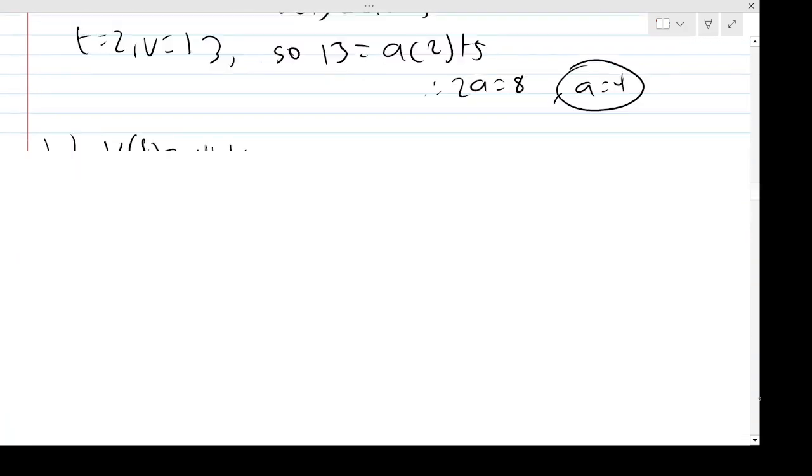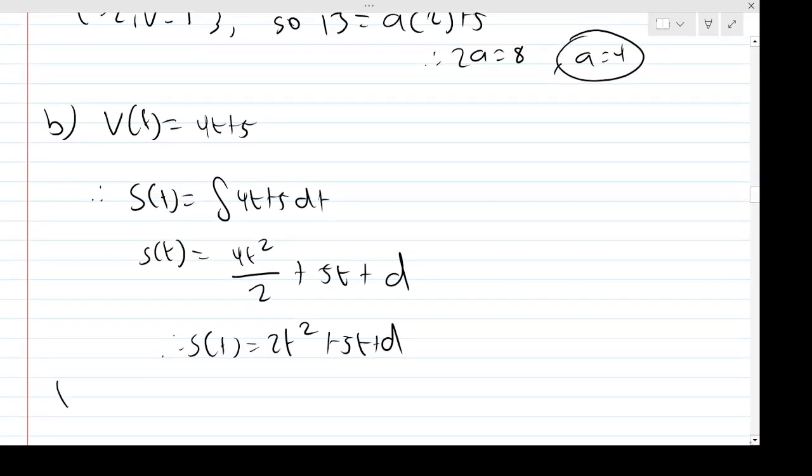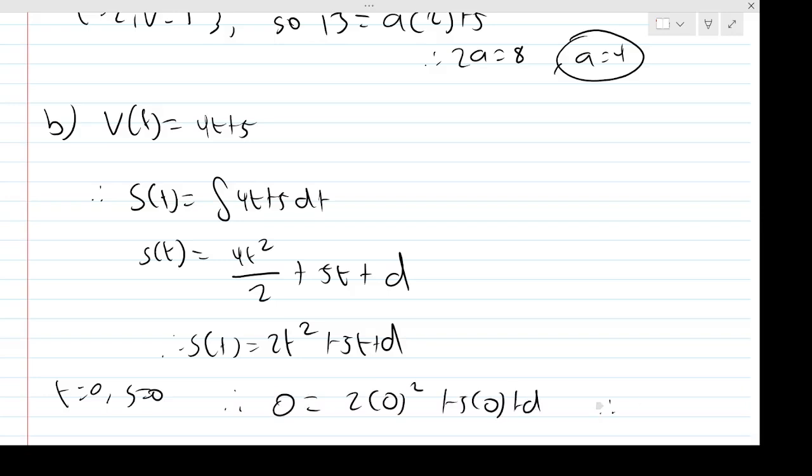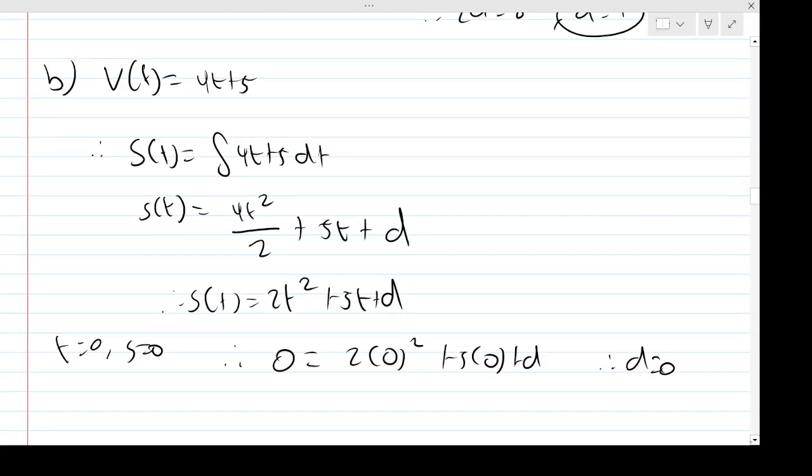So if I sub that information in, so if I sub in t is 0, s is 0 then, because initially you've not moved anywhere, right? So that means that 0 is going to equal 2 lots of 0 squared, add 5 lots of 0, add d, therefore d is 0, okay? So therefore my final equation is s of t is 2t squared add 5t.